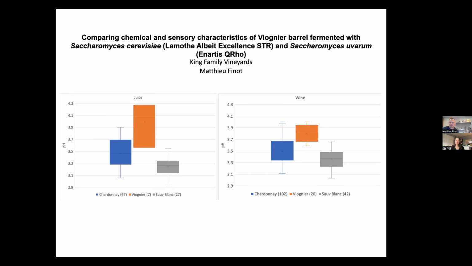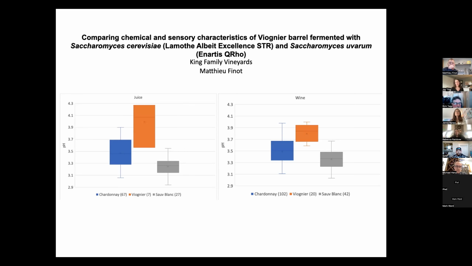Right. Yeah. So as Matthieu said, Viognier was a good option to start with for exactly those reasons. We tend to have higher pHs at harvest. And even if we look at this data, this is all of the WRE experiments that have come in since 2014. I just put them on a graph, and you can see that our Viognier pHs are quite high.